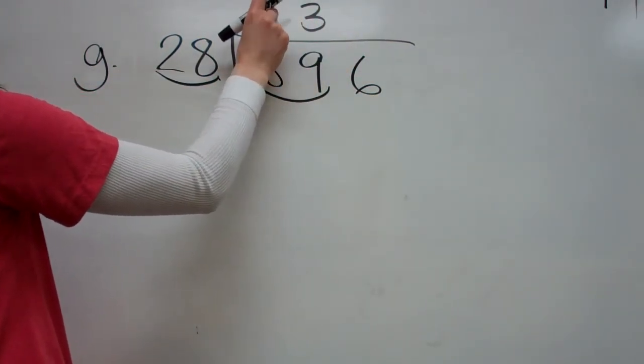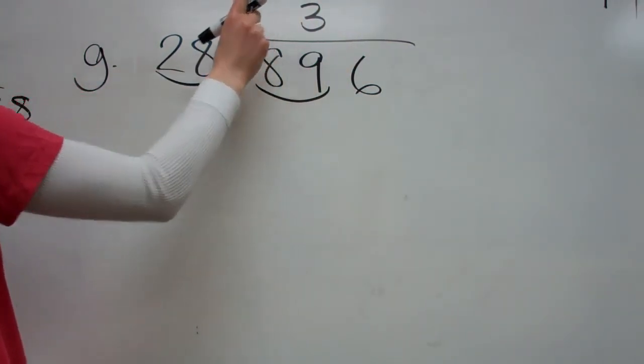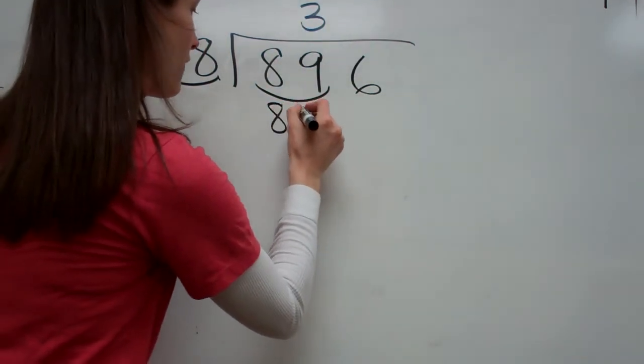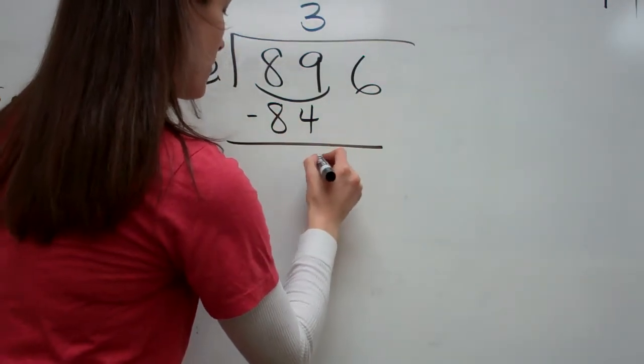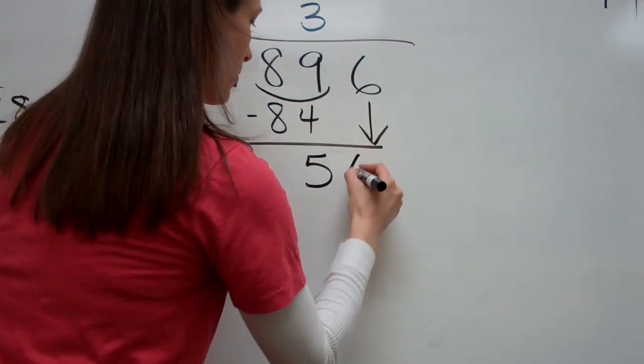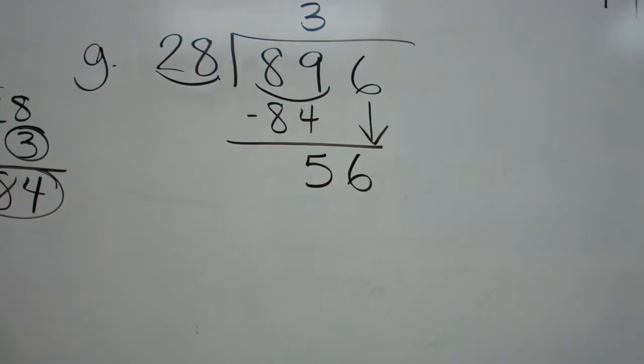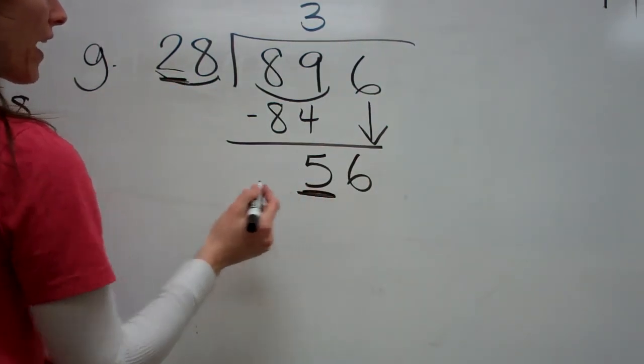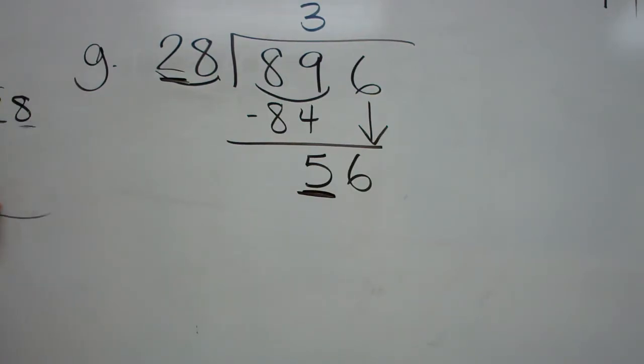Why did I not put the 3 here? Because I'm not just going into 8, I'm going into 89. Very good. And 28 times 3 is 84. Then I subtract and I would get a 5. Bring down my 6. Now, same thing. I can do the same thing here. Look. 2 and 5. What's a good number to start with there? 2 will go into 5 how many times? 2.